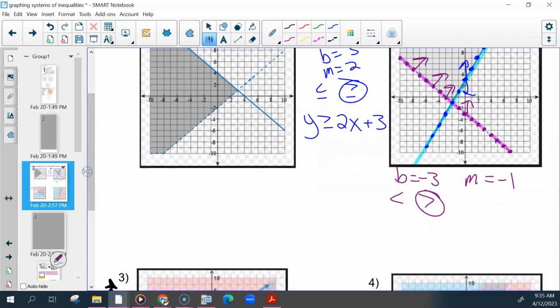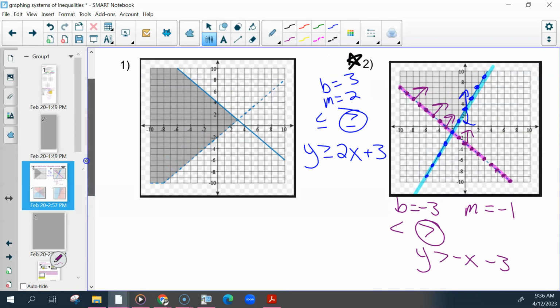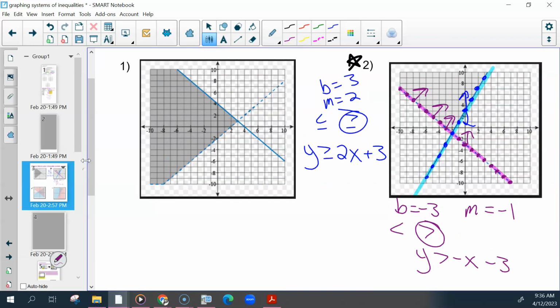So then what would that inequality be, if we put all those pieces together? Greater than negative x or negative 1x minus 3. Alright, so we have our system of inequalities. Last thing, we just need a solution.